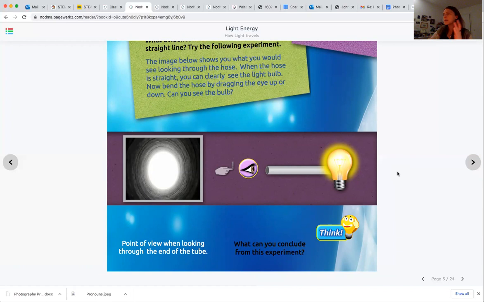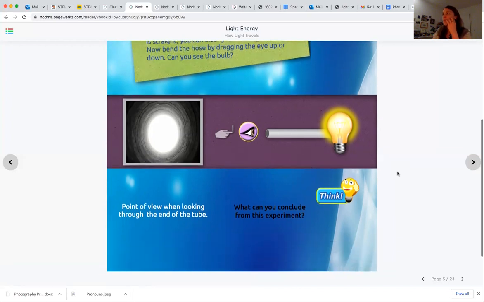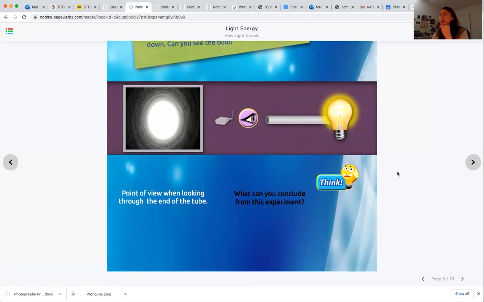And the idea is that they can also think about where else they might see this kind of bending of light. Have they seen it at home, and whereabouts? Or get them to think of another experiment that they would use in order to bend the light, or what happens when it's in water, or different materials, and what happens when it passes through different materials.